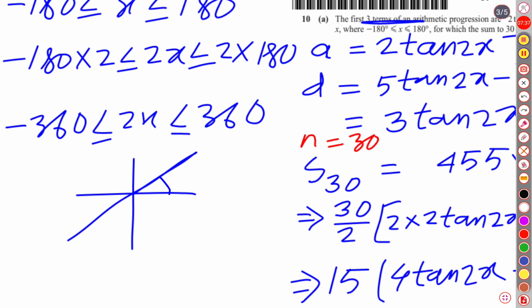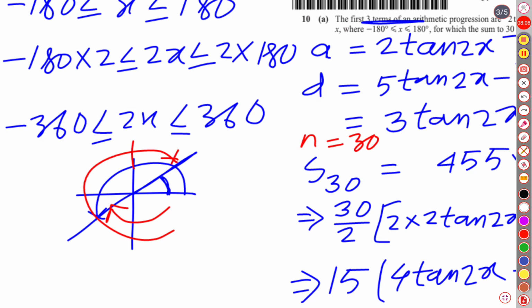Either the angle is this, along this angle in the positive direction, or at the same time we can move in the anticlockwise direction also, so these are the two cases for positive and negative direction.